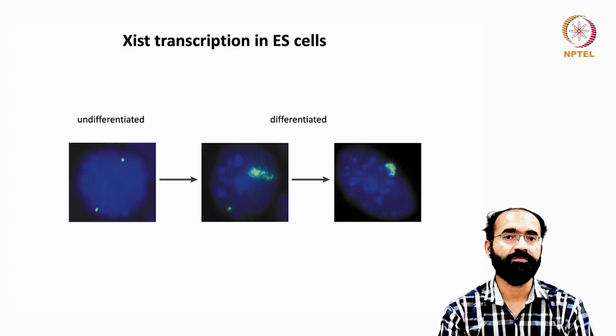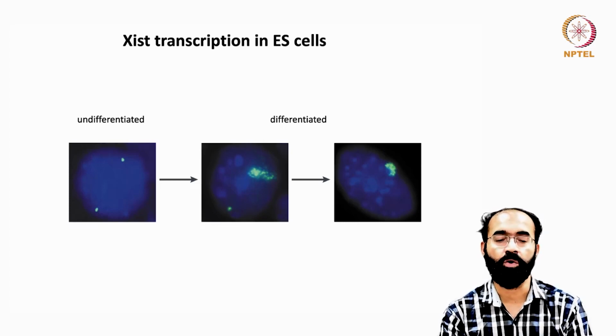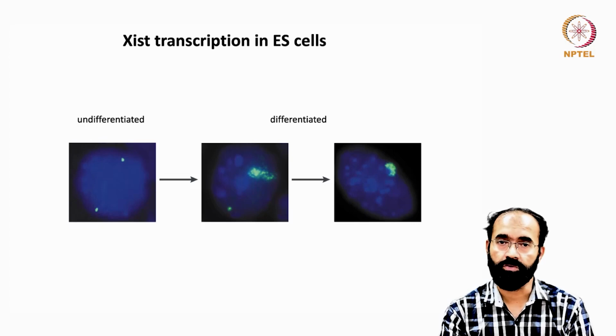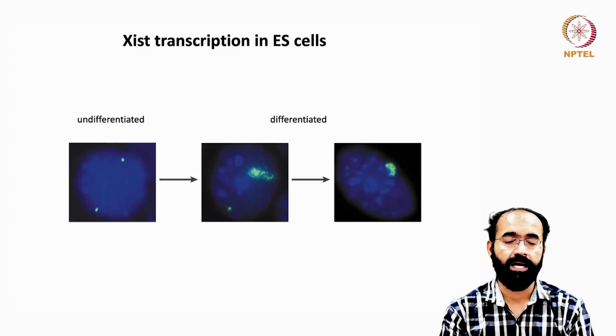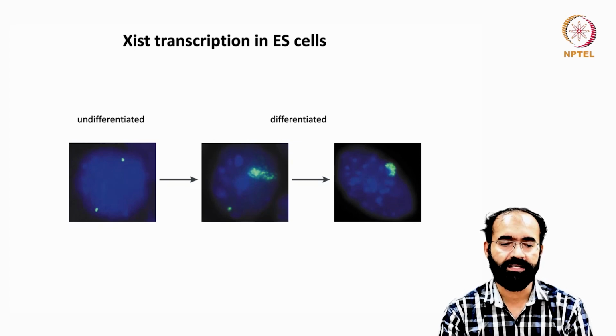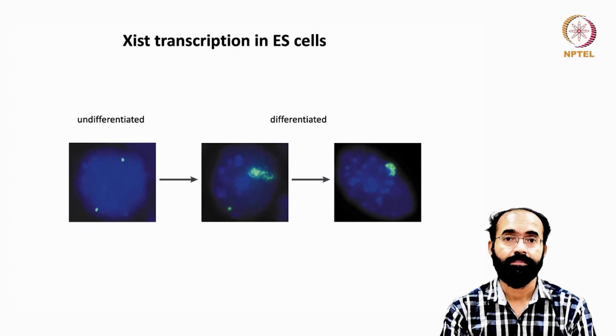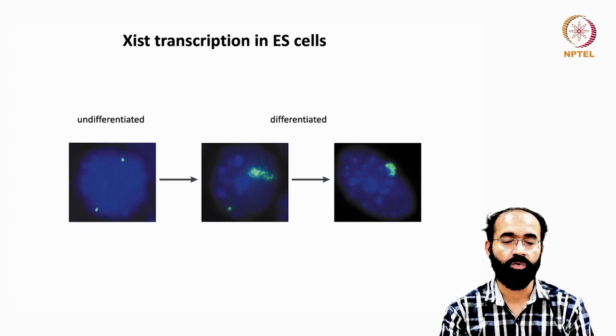You label it with a fluorophore and you hybridize it under denatured conditions onto the chromosomes or onto the nucleus. So this entire blue circle is the nucleus, and in the nucleus you can see two dots, and these two dots indicate there is no weightage of one Xist over the other.